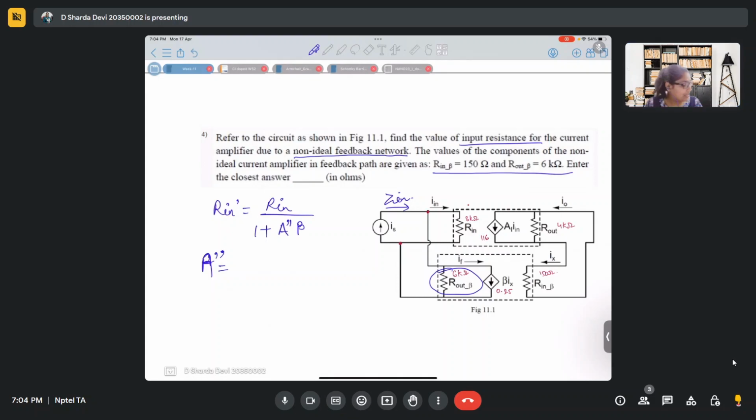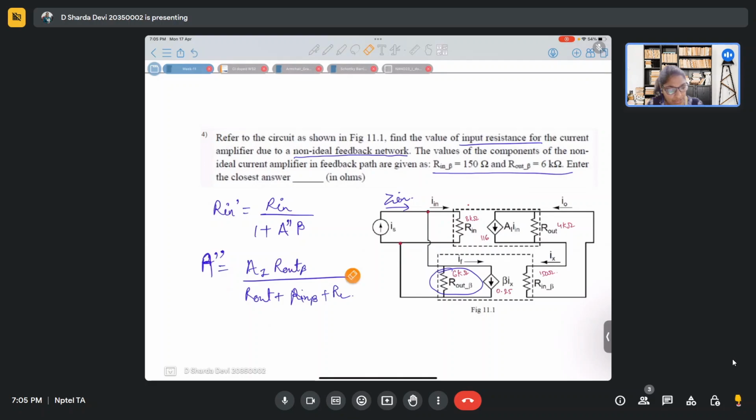It is A I into R out upon R out plus R in beta plus RL. So this is the formula.